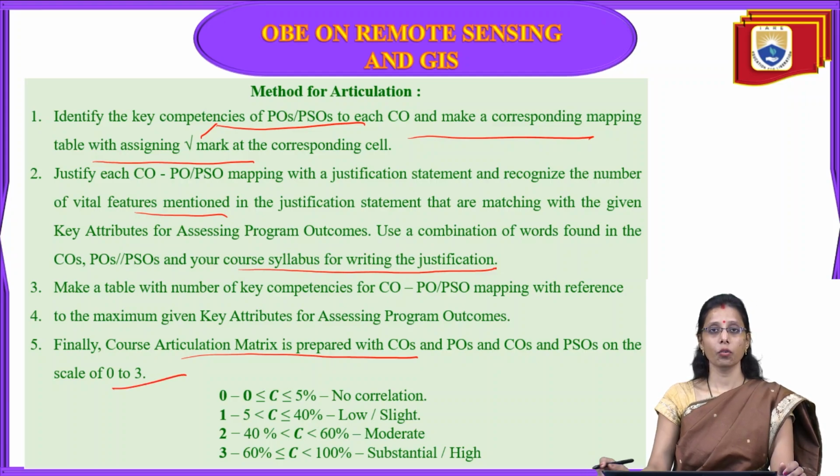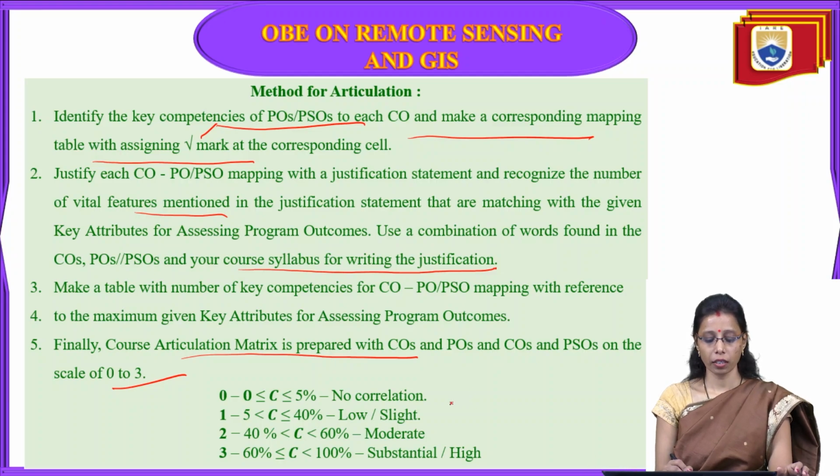So here the course is rated on how much it maps with the POs and PSOs, given as 0 to 3, that is low to high. If it is 0, there is no correlation. 1, that is less than 40, is low and slight, when it is moderate it is given as 2, and 3 is given as substantial or high.